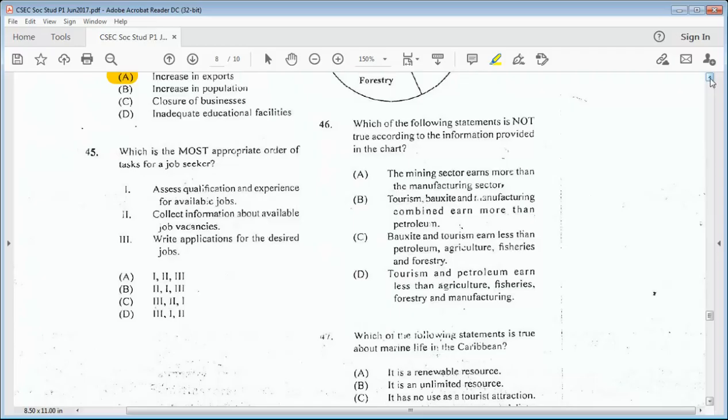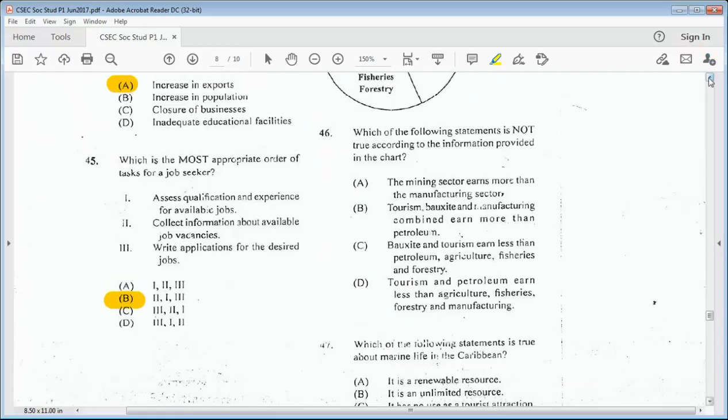Now, what would be our first thing? First, we'd have to collect information about the available job vacancies. That's the first thing that we would have to do. Then after you collect information, you're going to assess your qualifications and experience for the available jobs. And then lastly, you write your application for the desired job. So the first one would be 2, then the next in line would be 1, and then 3. So 2, 1, 3. So our answer would be B.